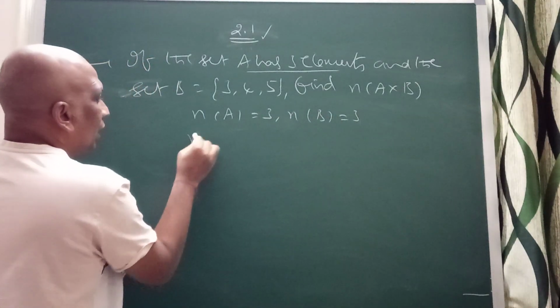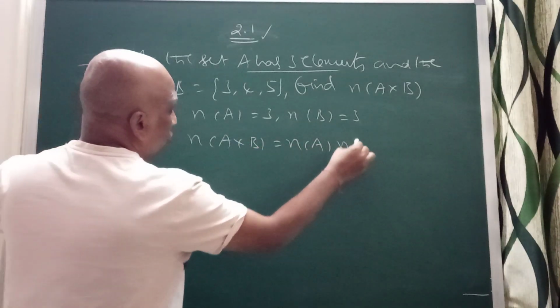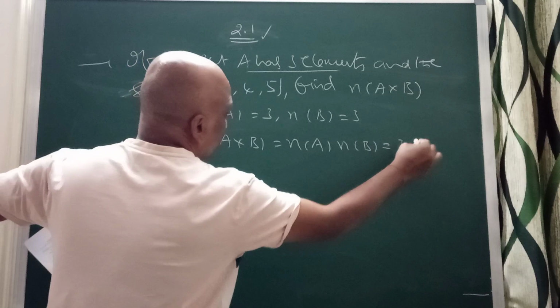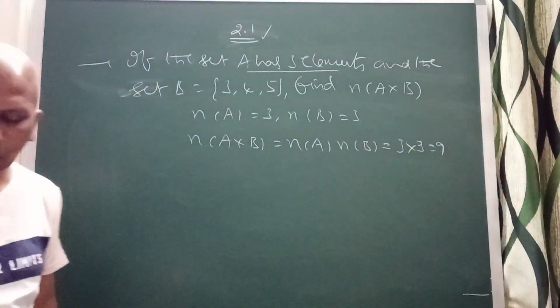I can write n of A cross B equal to n of A into n of B, so 3 into 3 gives 9 elements. Just the multiplication of those two.